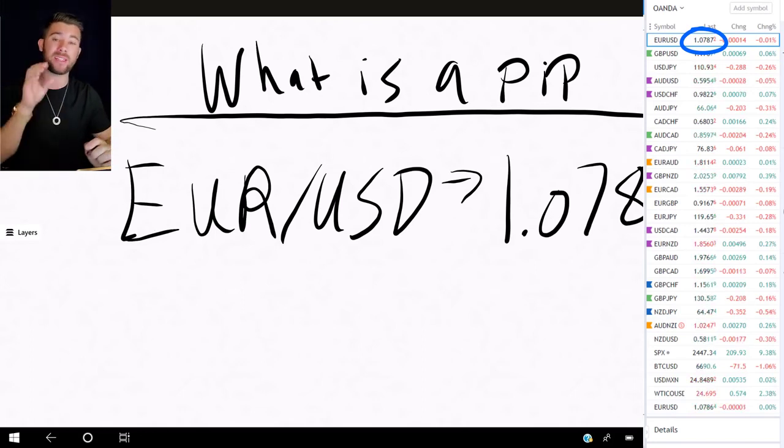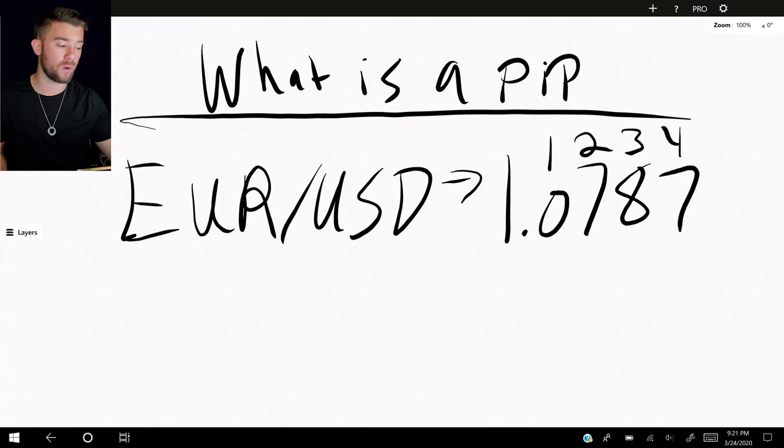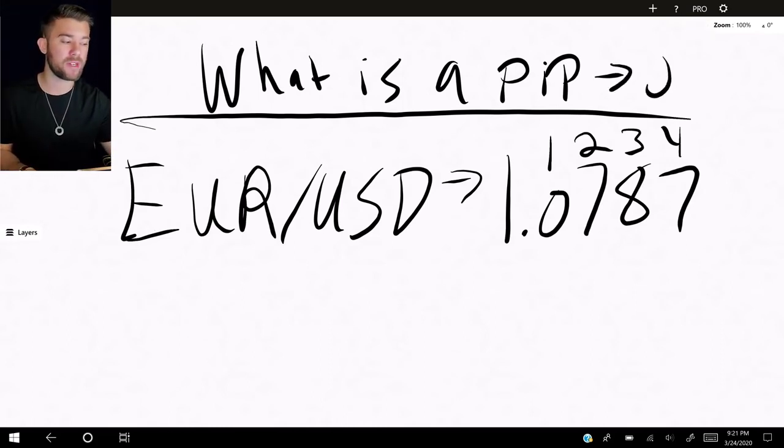What you need to understand is that the way you identify a pip is the 4th place away from the decimal. So the 4th decimal point, meaning if this is the decimal point, we count over 1, 2, 3, 4. This is a pip. Let me clarify that really quickly. Right now, we are talking about a pip on every currency pair except currency pairs that end in JPY.